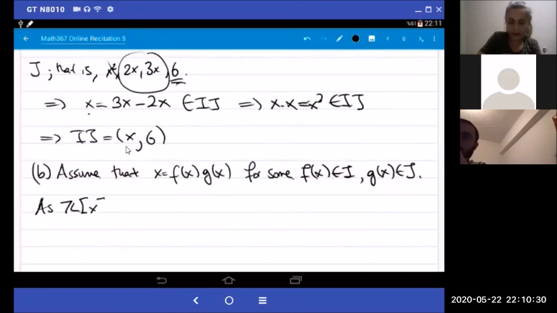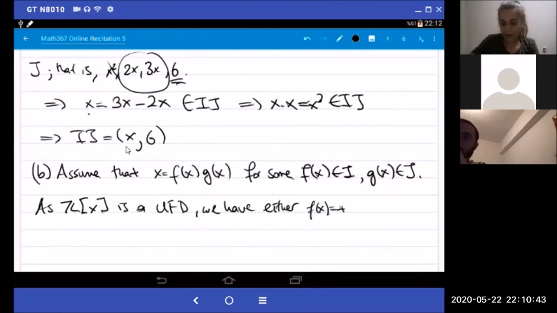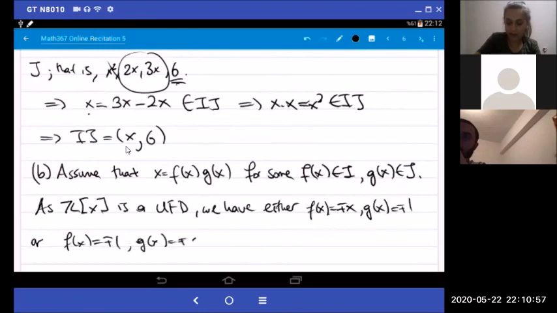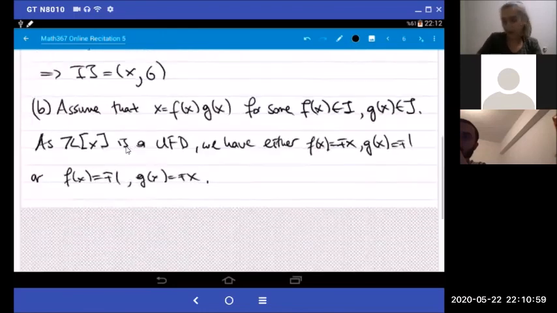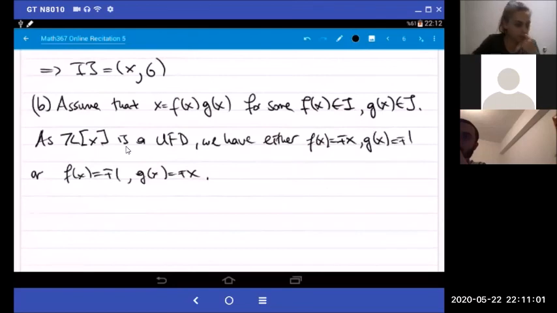As Z[x] is a UFD, we have either f(x) is equal to plus minus x and g(x) is equal to plus minus 1, or f(x) is equal to plus minus 1 and g(x) is equal to plus minus x. Okay? Because x is an irreducible element.